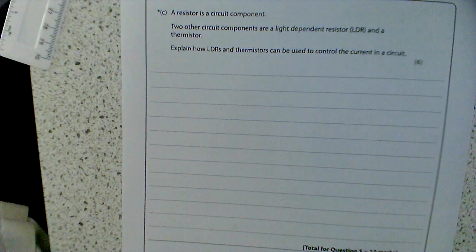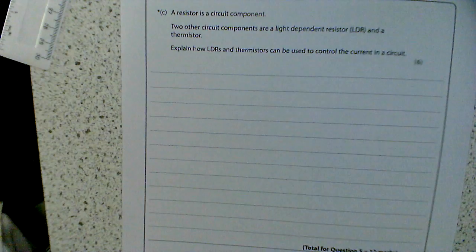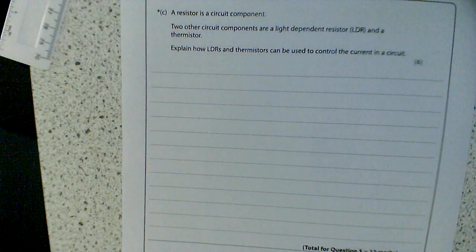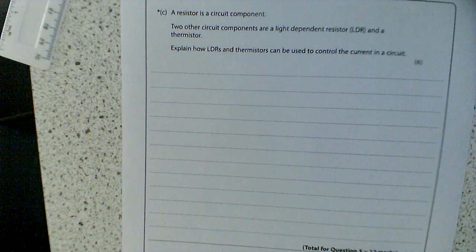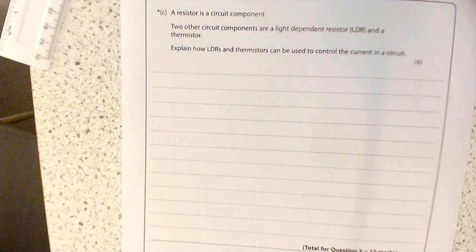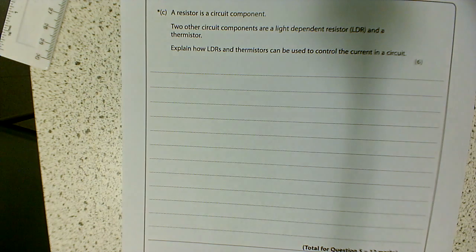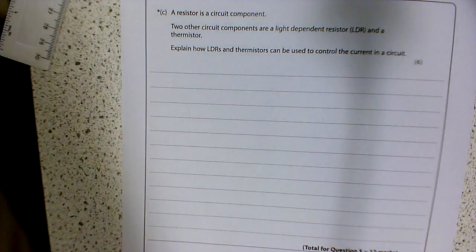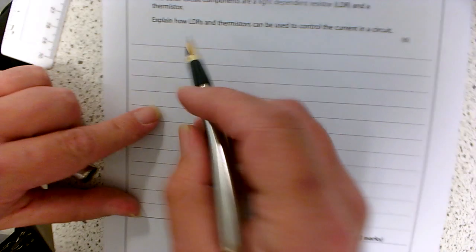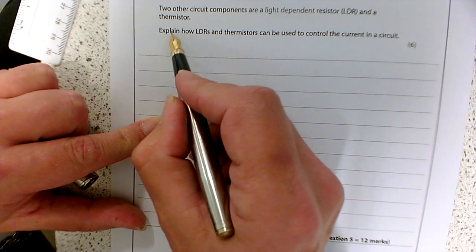So, a resistor is a circuit component. Read that while I turn the lights on. Okay, right, we're still there. Good. I'm sure you've read that.